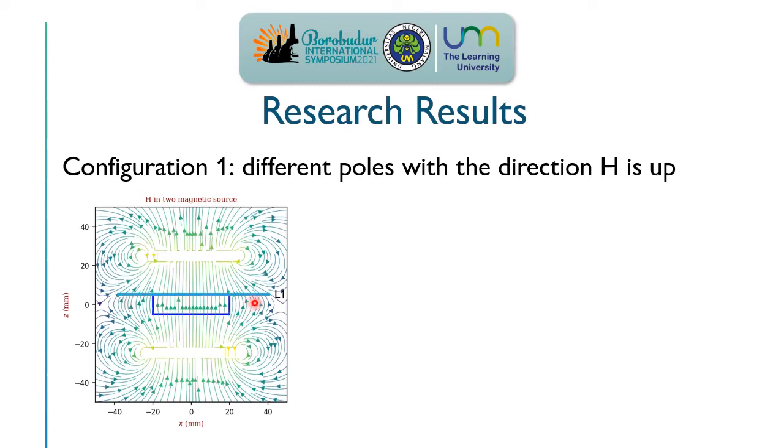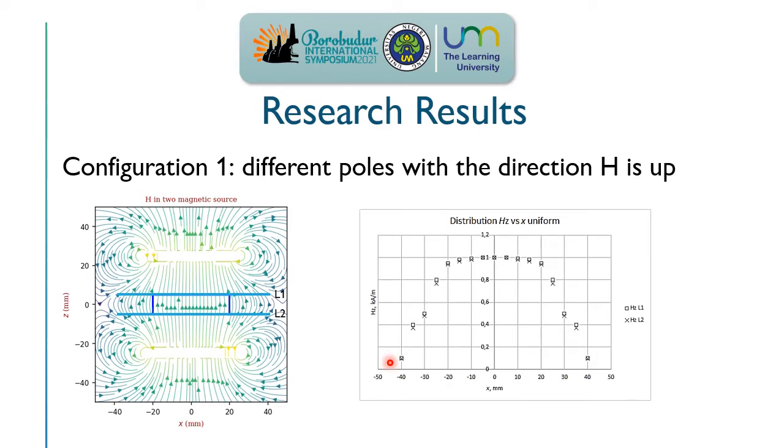This is L1, this is L2, and this is the result of the computation. Remember, the H is normalized, so the value is 1. Why did we normalize? Because it is easier to see graphically.